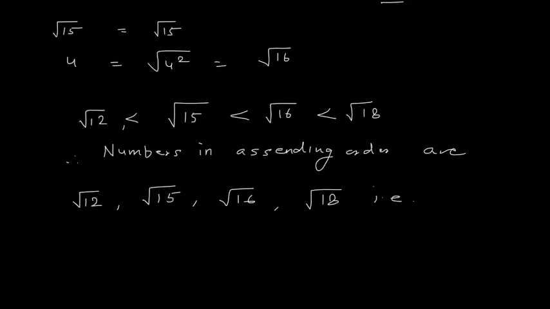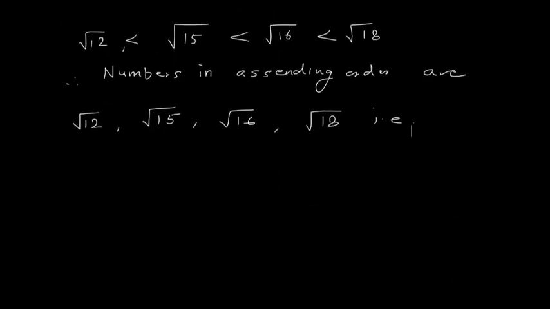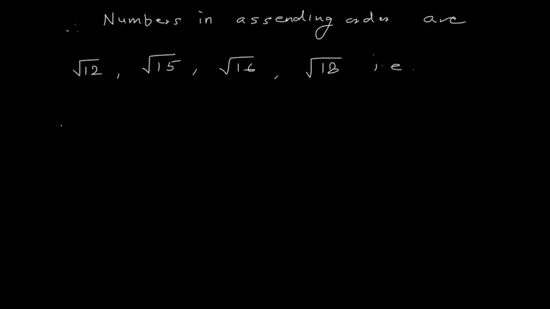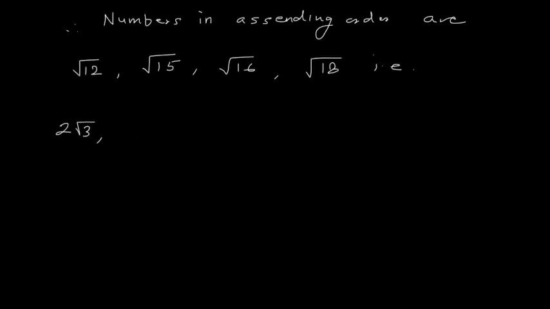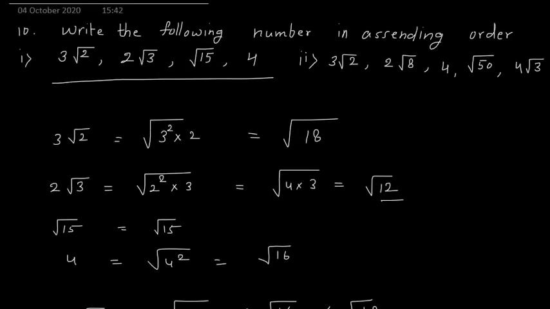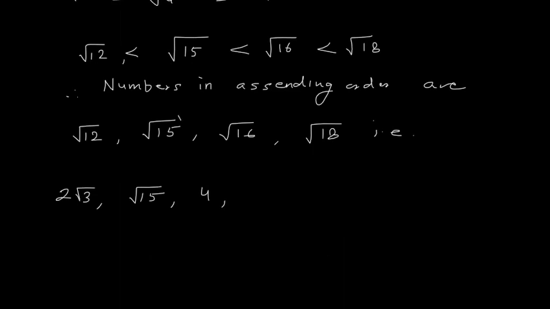That is, in place of root 12 I will write 2 root 3 comma, then root 15 was root 15, then root 16 I have 4, and then root 18 I have 3 root 2.